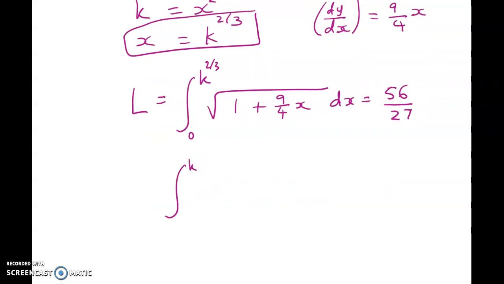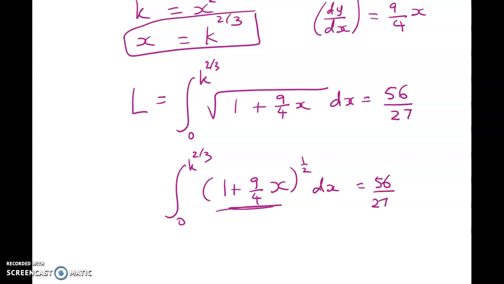So let's take that surd and turn that into a fractional power, and then we'll see if we've got a horrible integral or a not too bad one. And you should see by looking that this is pretty much back to a level 3 question. We've got something to the power of 1/2, and the function inside is not going to cause me chain rule problems because the derivative of the inside function is just a constant. It's 9 over 4.